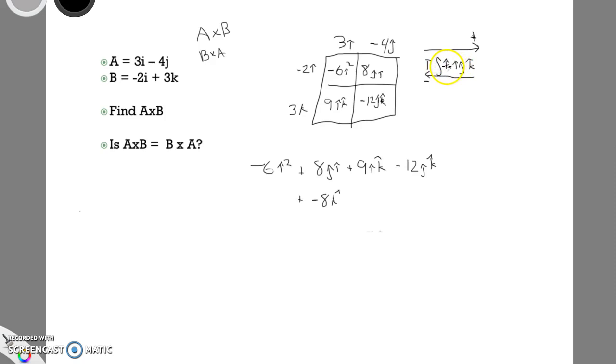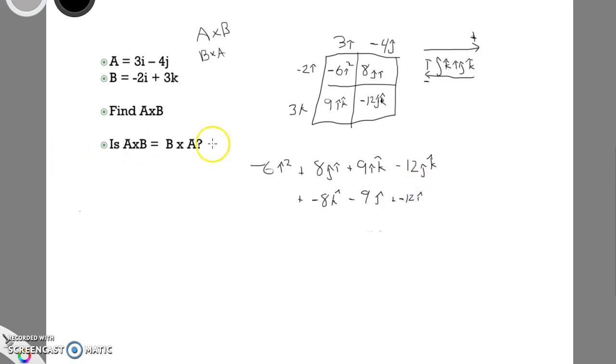So ik, we're going backwards, so it's negative. The missing letter is j, so this becomes negative 9j. Okay? And then finally, this negative 12, I see jk if I read it this way, so it becomes times positive 1, and it's a negative 12 still. And then jk, the missing letter is i, so it becomes negative 12i.